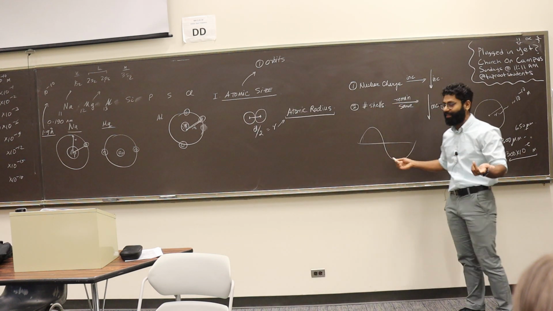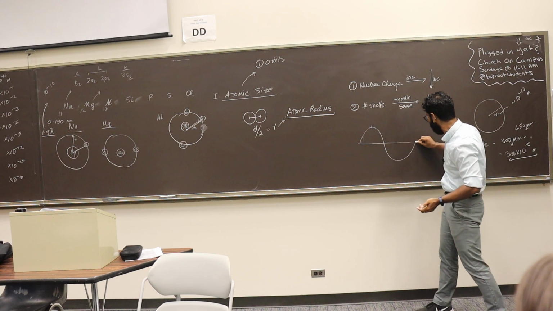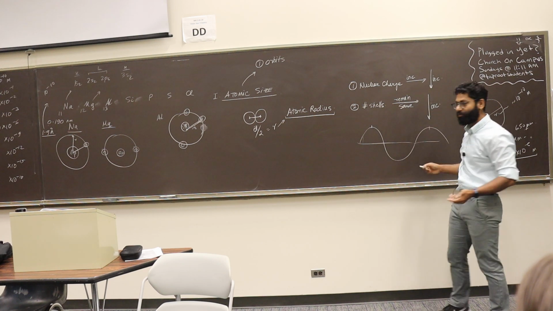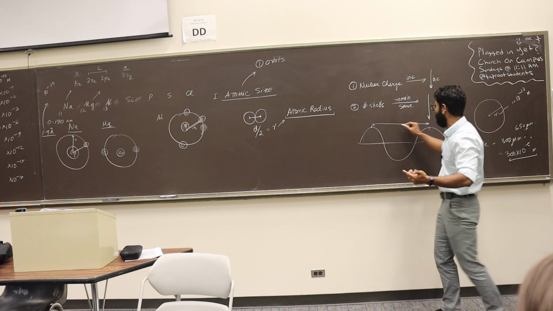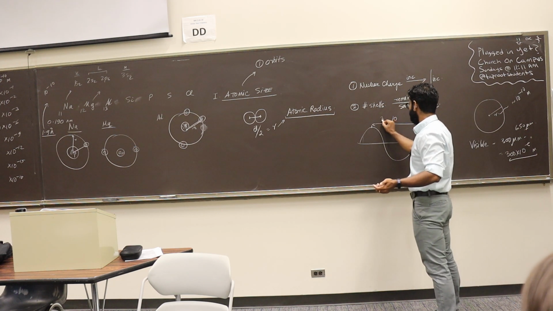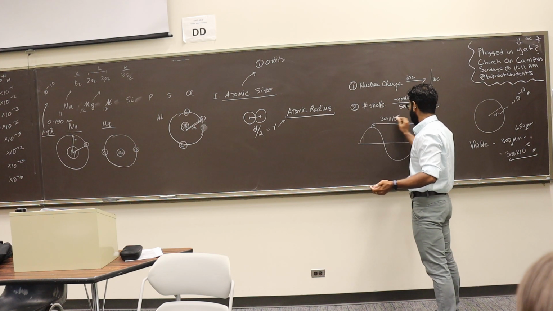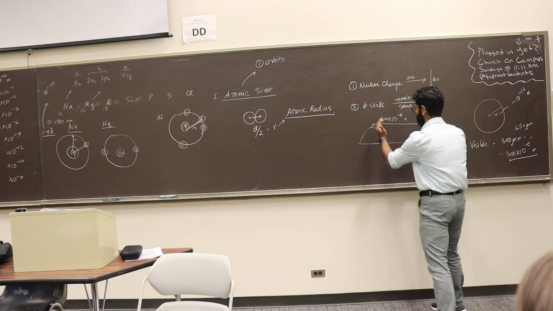The wavelength is the distance from crest to crest, right? So this is the wavelength, of the order of, say, 300 into 10 to the power minus 6 meters.